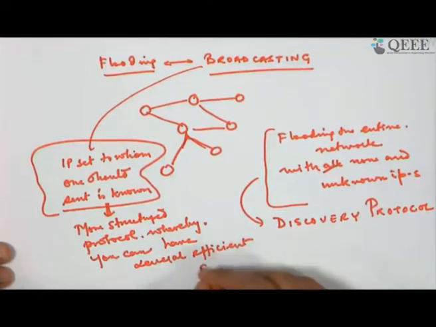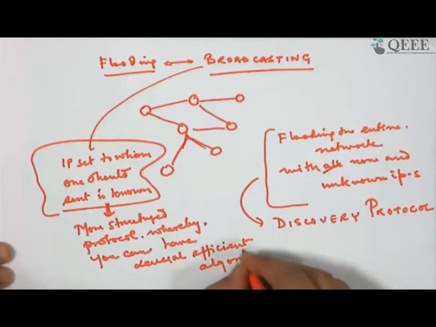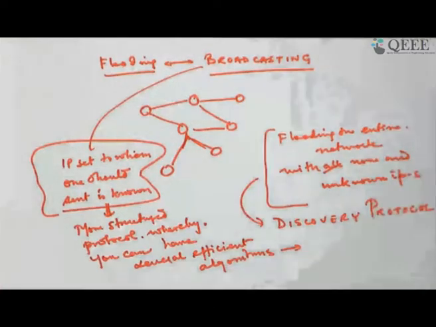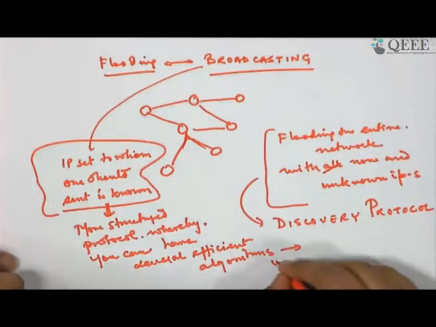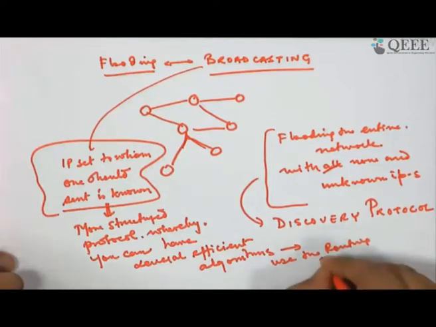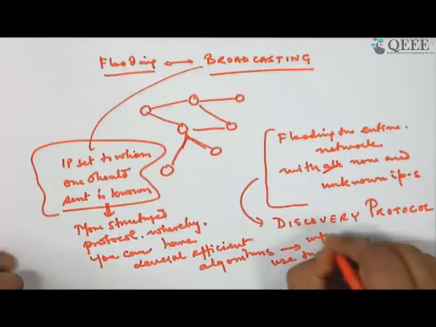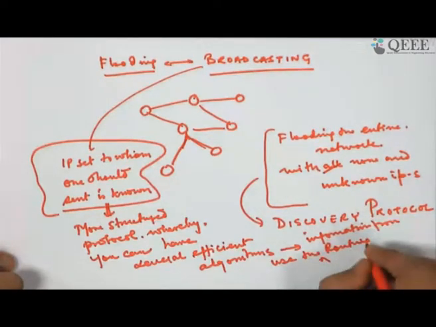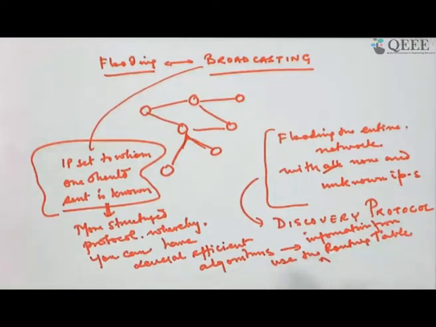Why can you have several efficient algorithms? Because you can actually use the intelligence or the information from the routing table, while in flooding you actually don't know the entire network. So, you have to flood the entire network.